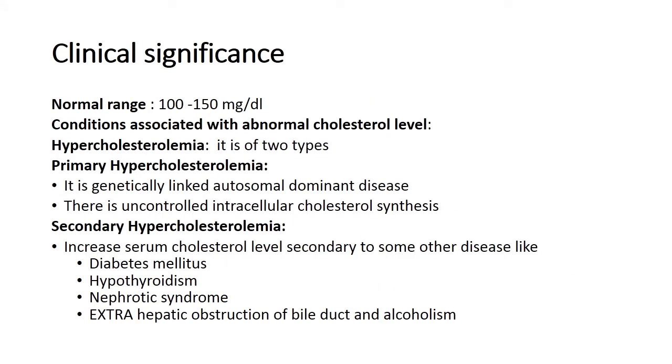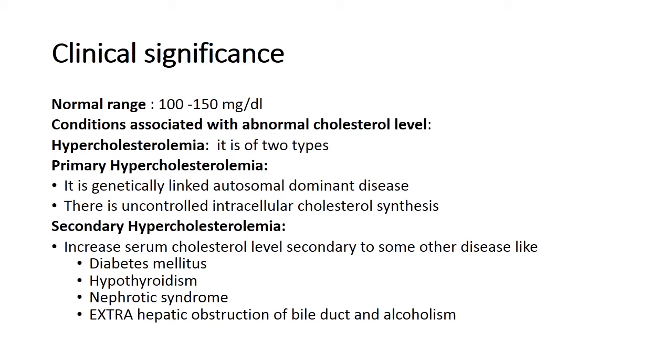Clinical significance. Normal range is from 100 to 150 mg per deciliter. Some conditions that are associated with abnormal cholesterol level are hypercholesterolemia. That means that there is increased level of cholesterol in the blood. It is of two types. Primary hypercholesterolemia, that is a genetically linked autosomal dominant disease, and there is uncontrolled intracellular cholesterol synthesis.